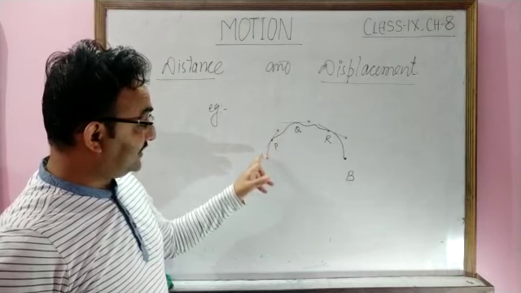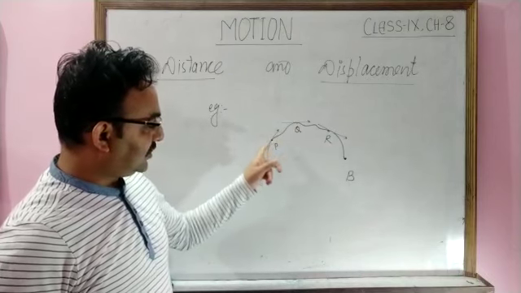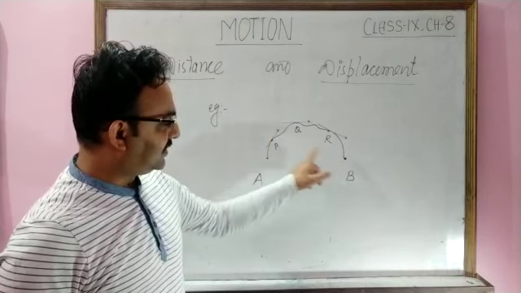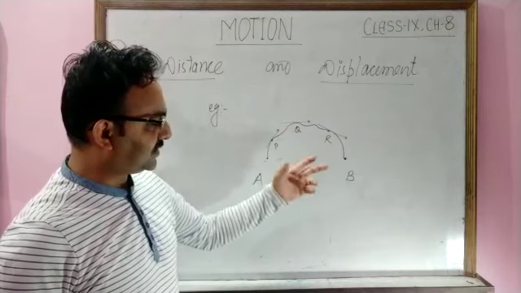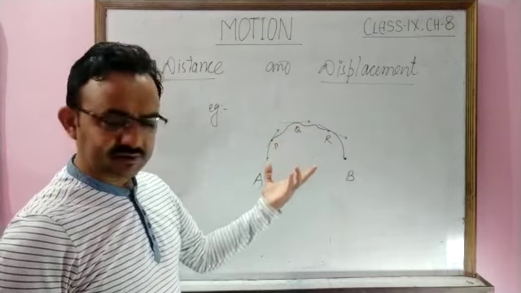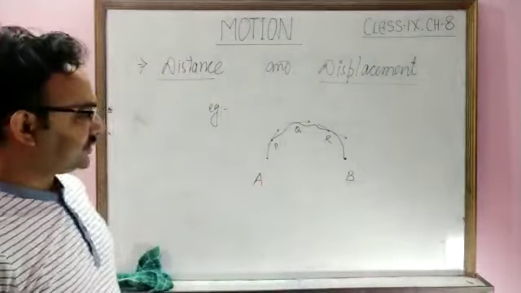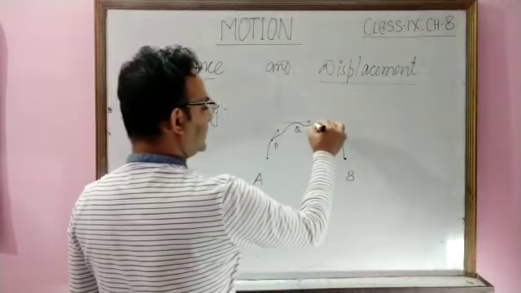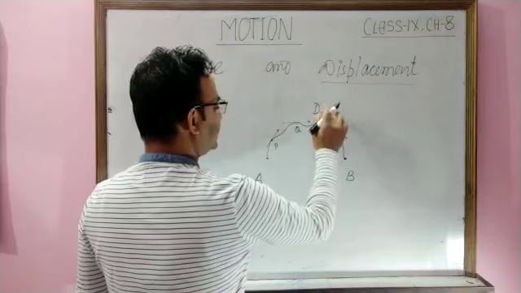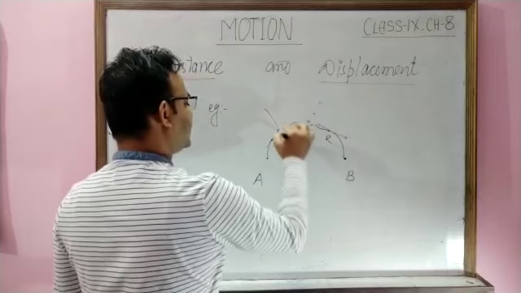But when the object reaches point B, the object has covered some path. That path has length, magnitude. Is it clear? So this is known as distance.